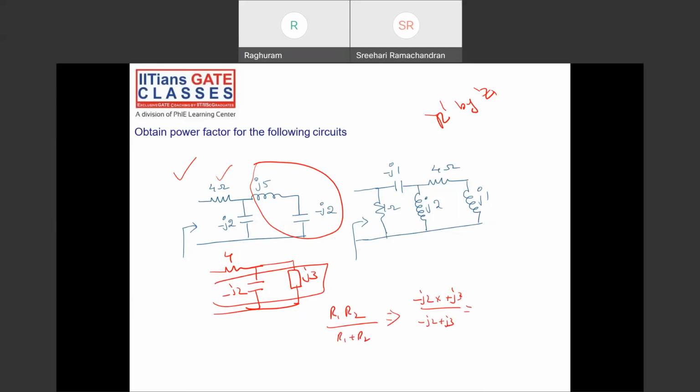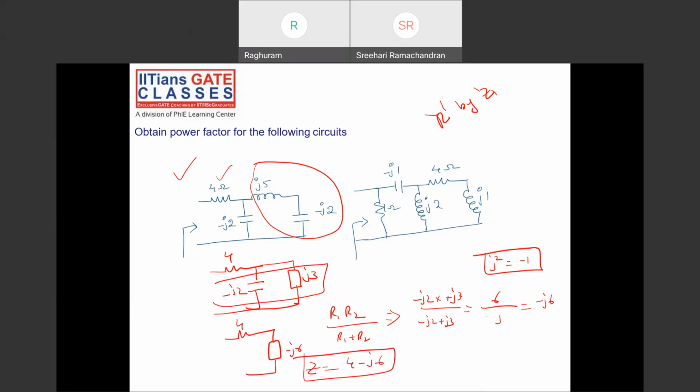J square is minus 1. So this will be 6 by J, right? 6 by J or minus J6. So this can be replaced by minus J6. So Z is equal to 4 minus J6.